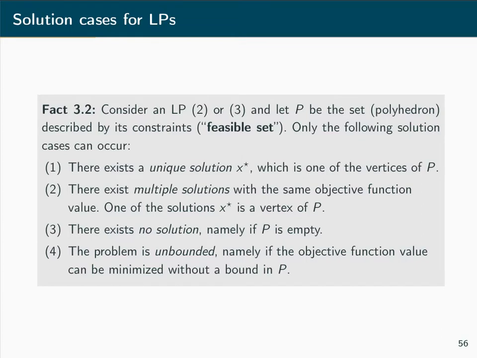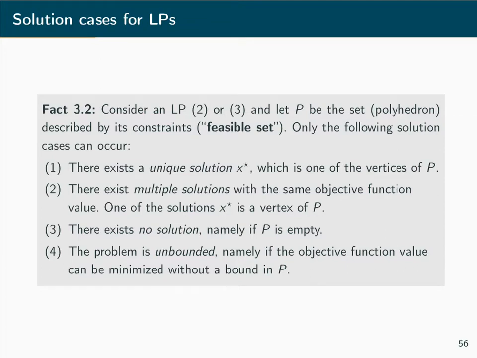Second, there may exist multiple solutions with the same objective function value. One of the solutions, or at least one of the solutions, is then a vertex of P. Third, there may exist no solution, and that's exactly the case if P is empty, so intersecting so many half spaces that there's no feasible point left.